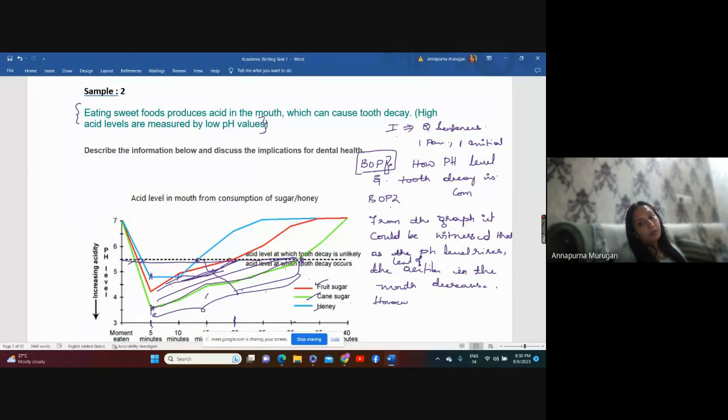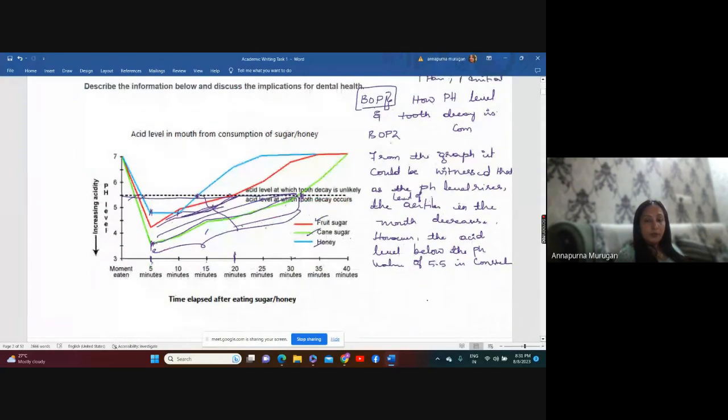However, the acid level below the pH value of 5.5 is considered to be dangerous as it causes tooth decay.